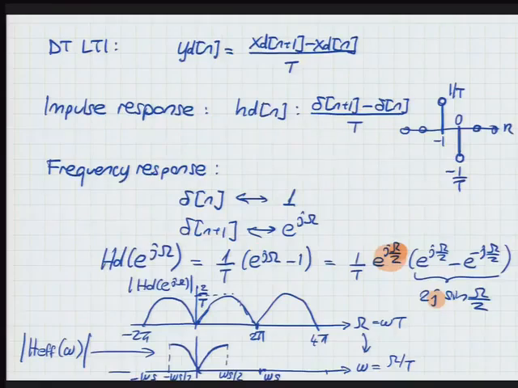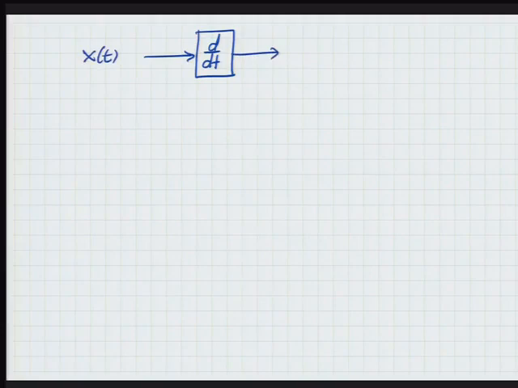Is that satisfactory? If I were actually able to do a pure derivative in continuous time, what would have been the frequency response of that? Suppose I can really, without having to worry about the hardware, just do d by dt as a continuous time LTI system. This is the ideal case. What would be the frequency response of this? J omega, great.